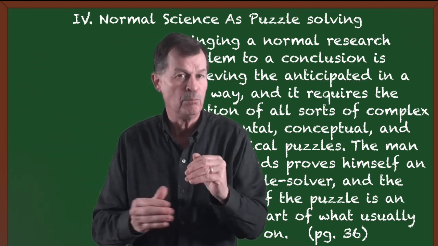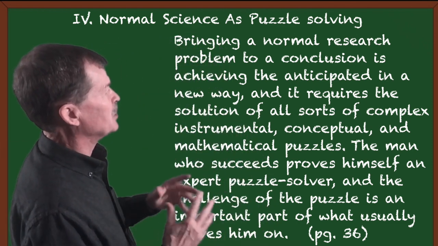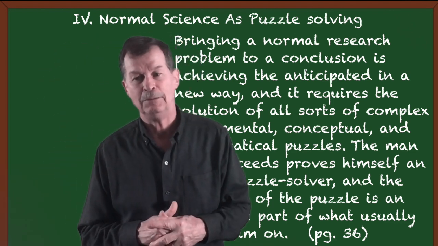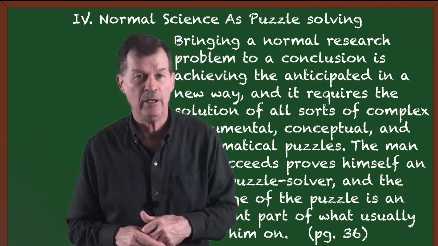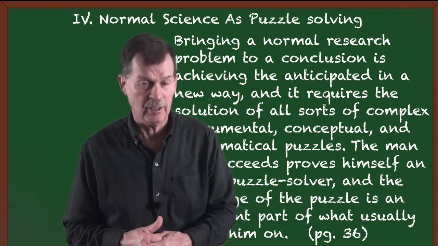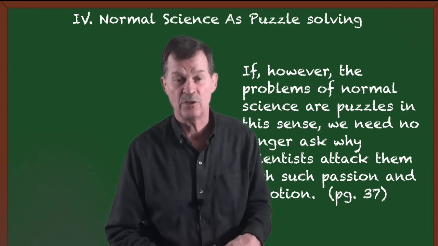If you can do that and bring it to an end, then the man who succeeds proves himself an expert puzzle solver. So that's what Thomas Kuhn is calling the scientists within the paradigm, the ones that are successful puzzle solvers. And that's what drives the scientist on.